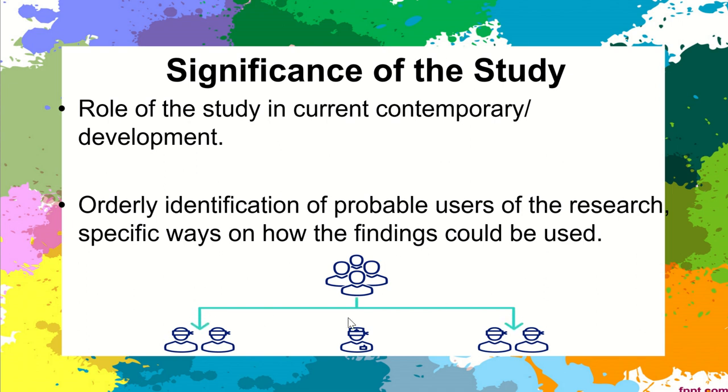For example, nursing students, clinical instructors, nursing administrators, future researchers. So for example, they can be your probable users. All you have to do is to outline or discuss how they will benefit from your study. For example, nursing students: you just discuss how they will benefit. How can your study be of use to them? The same goes for nursing administrators or future researchers. So that is for the significance.